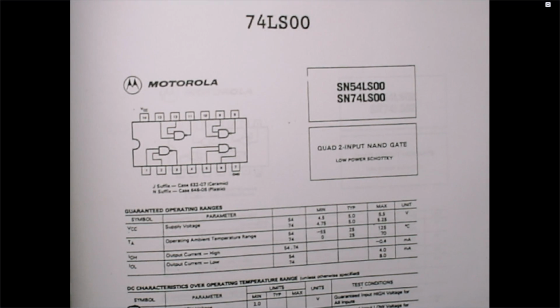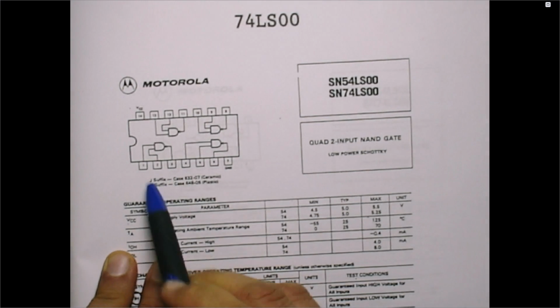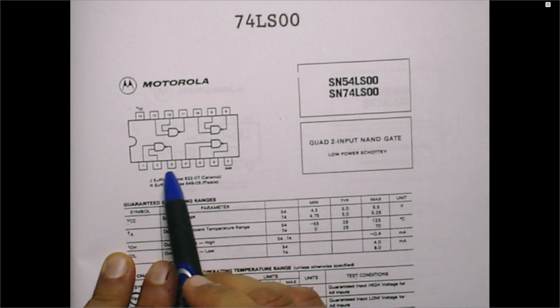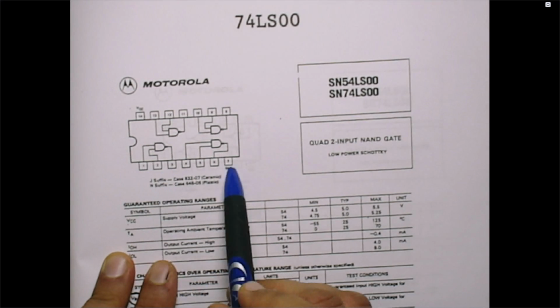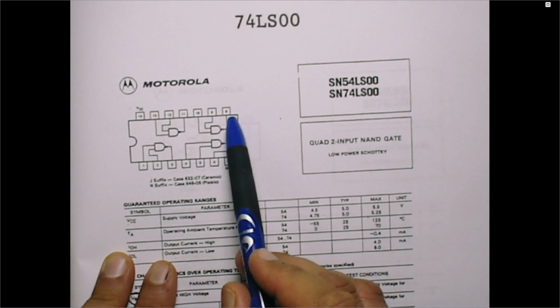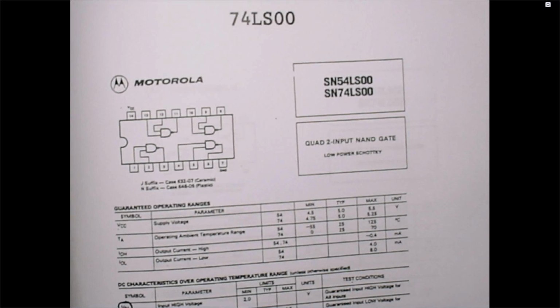This is 7400, meaning the IC we are using, right? Now look at the IC. These are pin numbers, okay? It starts from 1, 2, all the way to 7, and then from 8 all the way to 14, just like how the IC was.